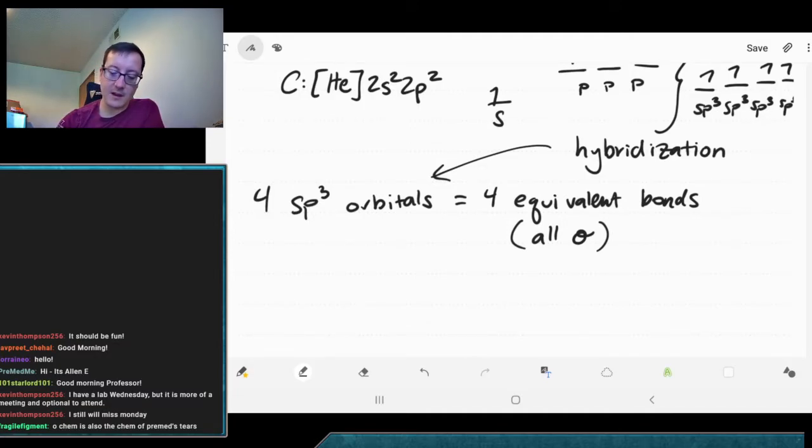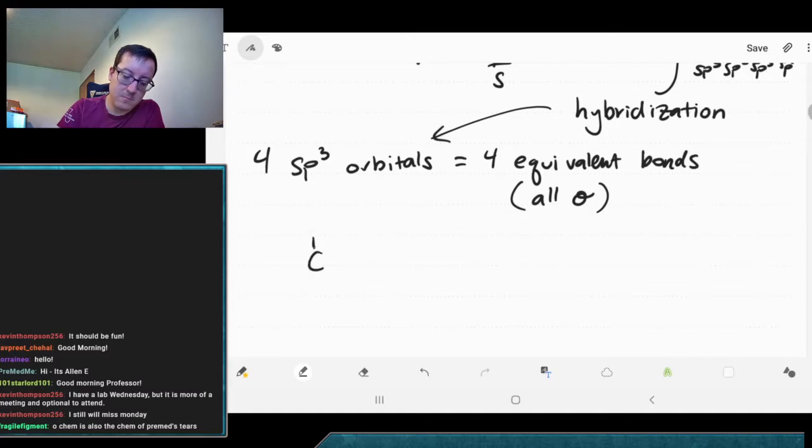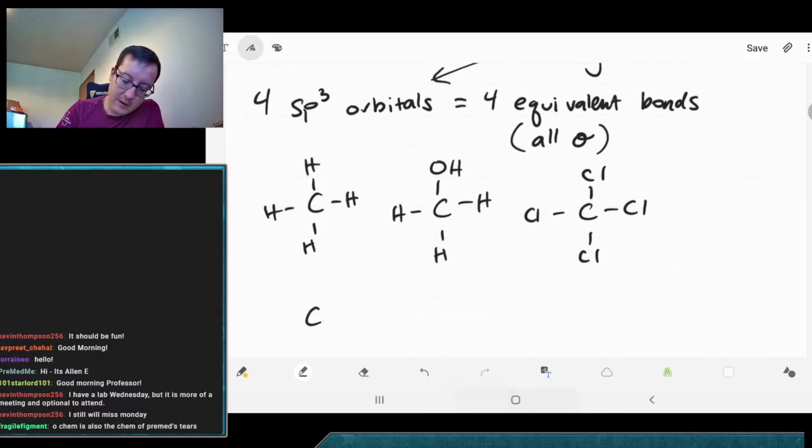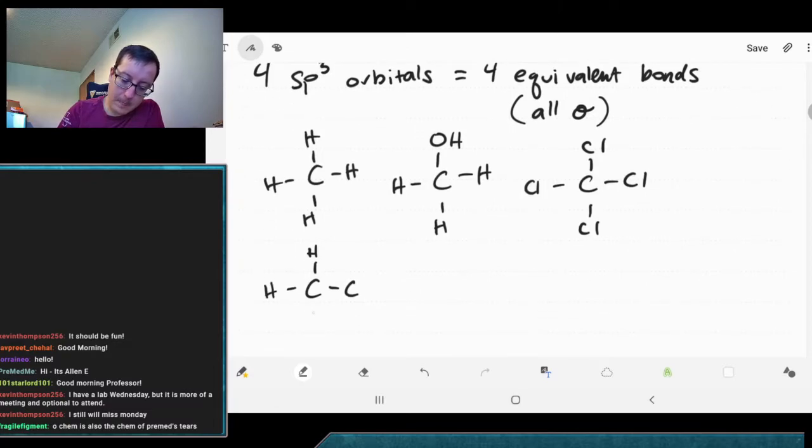So anytime we see our methane, or why not throw methanol in here, or carbon tetrachloride, or ethane, all of these carbons are sp3 hybridized.